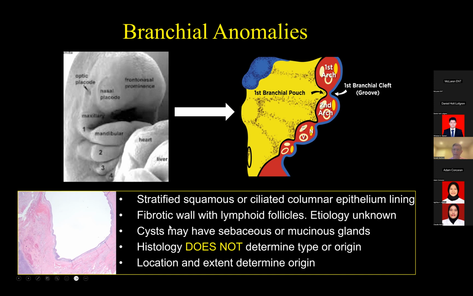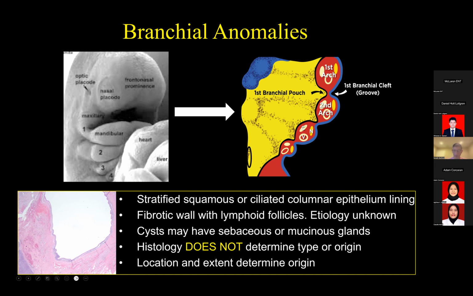This is a histologic diagnosis. So the pathologist will look at this and they'll see these histologic characteristics and they'll call it a branchial cleft cyst or a branchial anomaly. They do not know where it's coming from. So they can look at this and they don't know whether it's coming from the first, the second, the third, or the fourth.